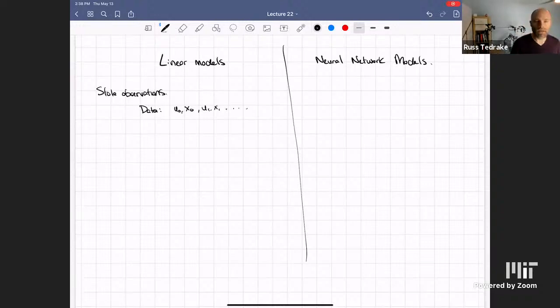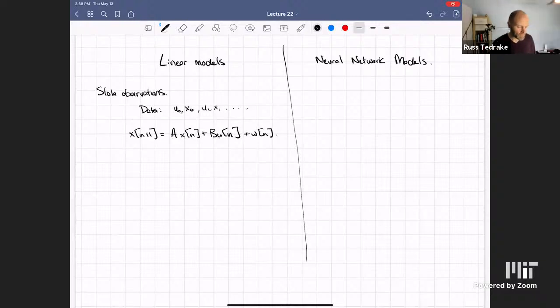Then when we're doing the linear models, we talked actually a lot about that case. The natural model to fit for a linear dynamical system is just A x_n plus B u_n, possibly plus W. We talked a lot about that more recently. And the great thing about that was that because we have direct observations of X and U, this just becomes a linear least squares problem.